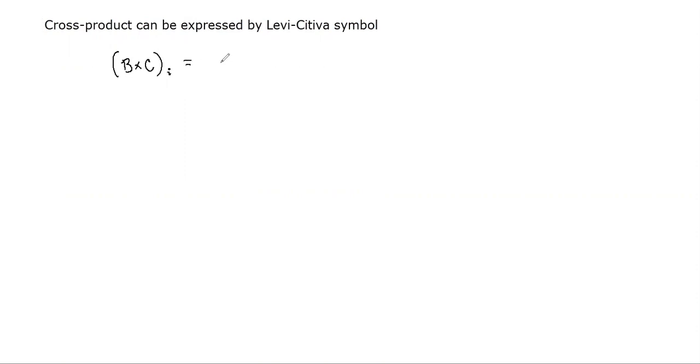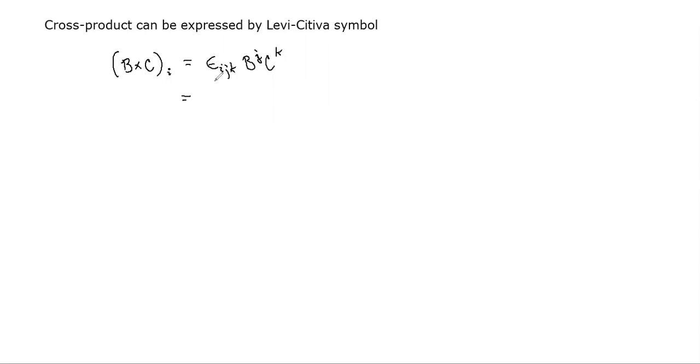It turns out that this is how I would do that: Levi-Civita symbol ijk, B_j C_k. Okay, so we have repeated indices. We have a k upstairs and downstairs, Einstein summation, and j upstairs and downstairs, Einstein summation. So we'll go through this one and see that it's correct.